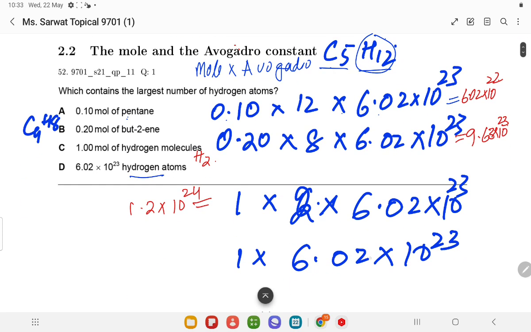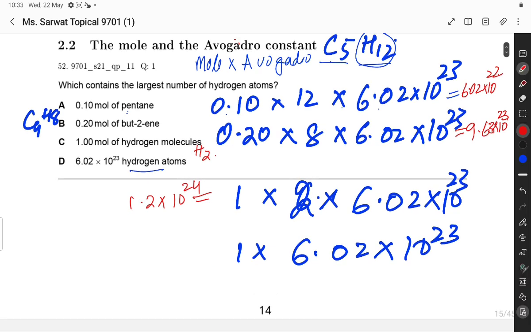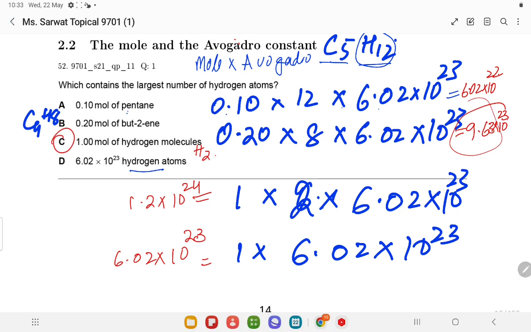And D option is equal to 6.02 into 10 raised to 23. So C option is the correct option. This is how to calculate such types of questions, in which you have to calculate the moles of atoms and moles of molecules by using this formula.